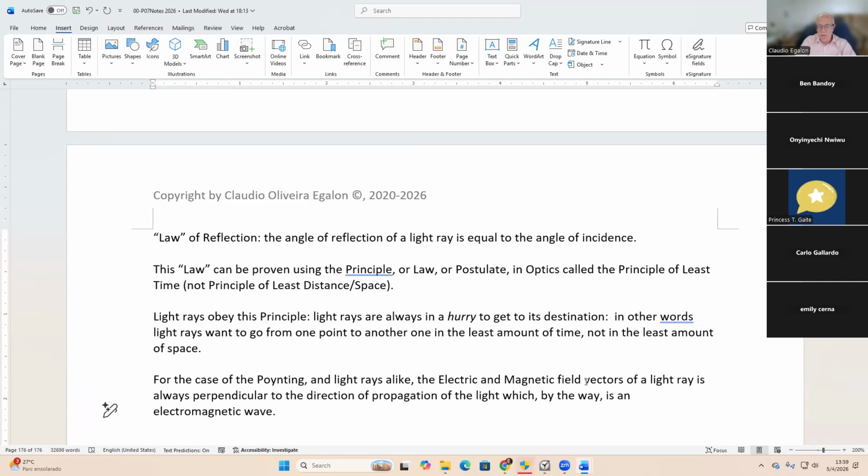Always. We showed that before. Electric and magnetic fields are perpendicular to each other, and they are also perpendicular to the pointing vector, which coincides with the direction of propagation of the light ray.